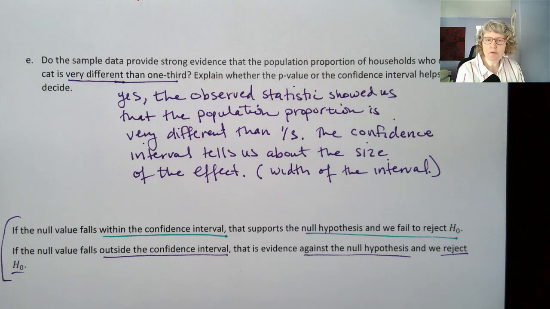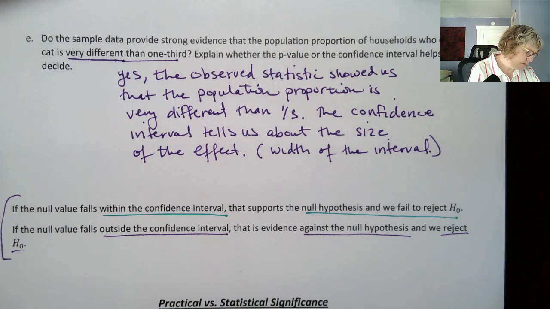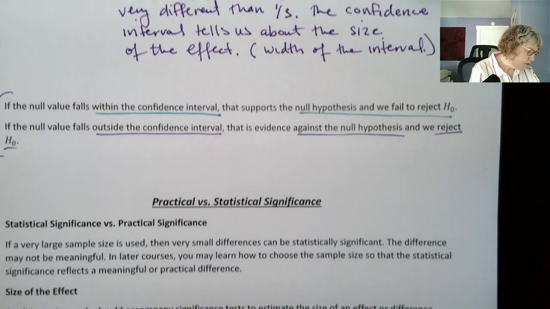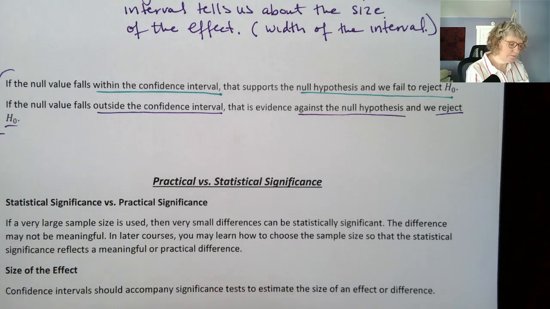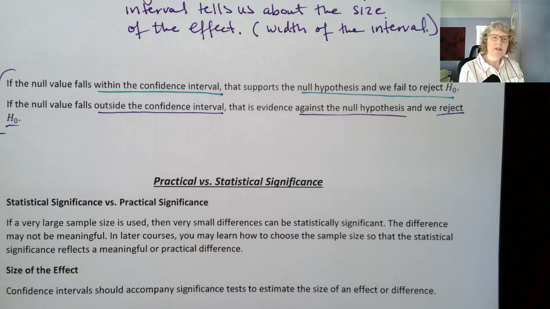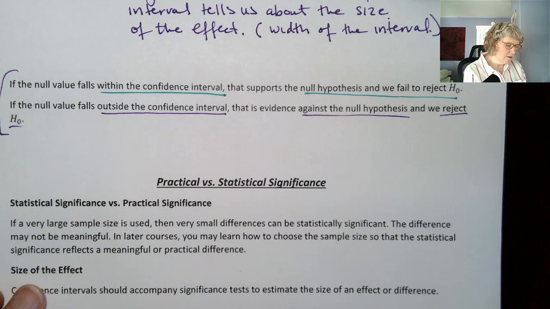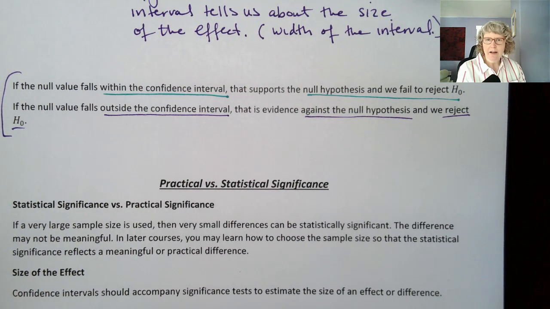And then there's one more little thing I want to talk about in this video. It's almost over, it's kind of a long one. Practical significance versus statistical significance. If you were wondering, why do we care if exactly 1/3 of households have a cat? You're right. Like, what's the point?